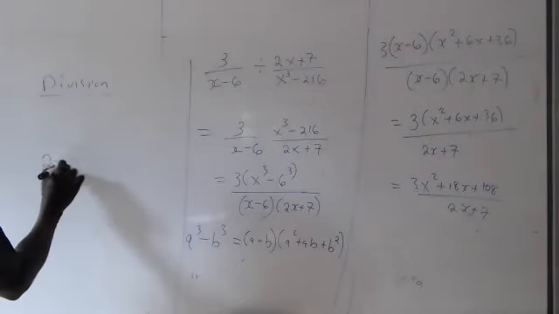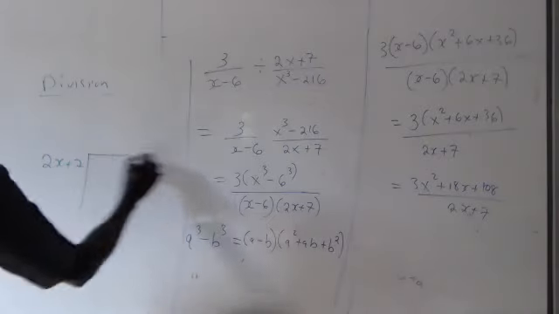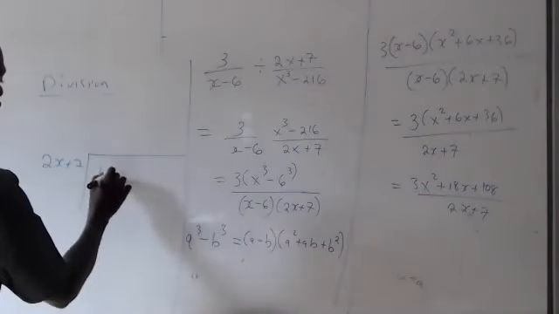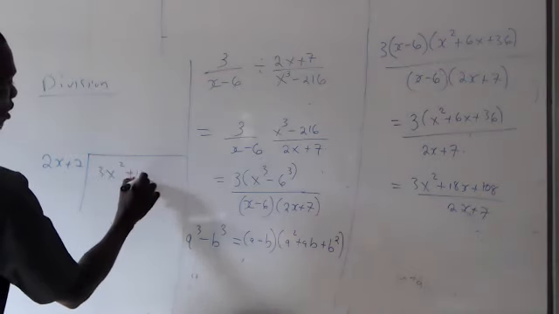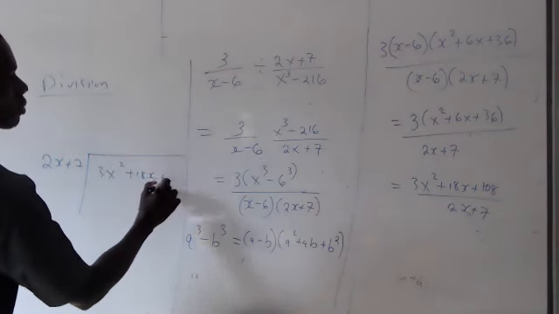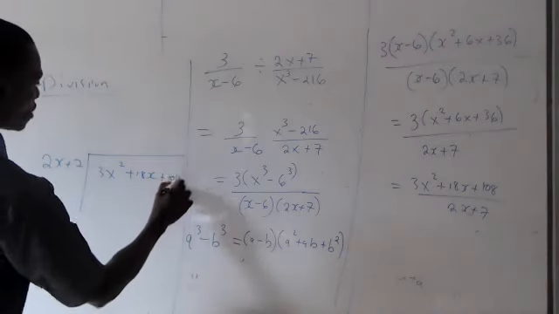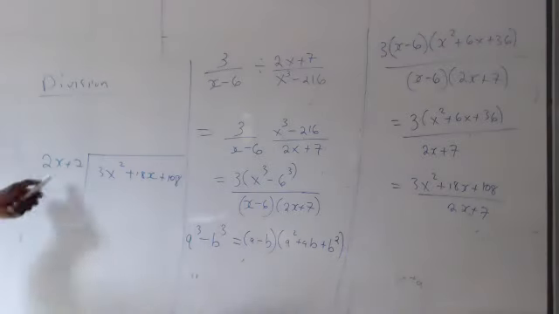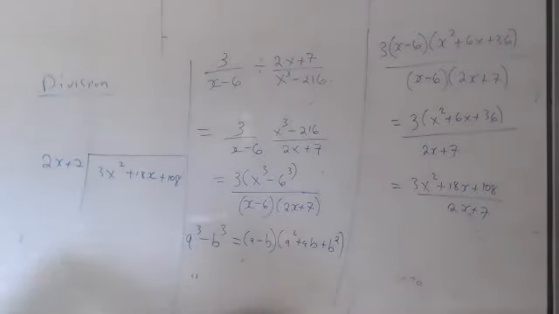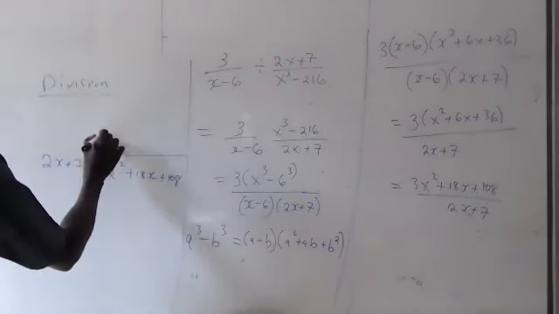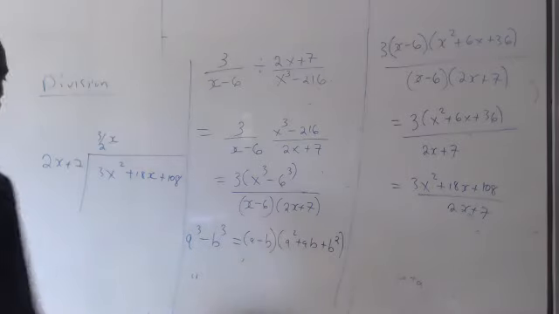Let's say you want to divide 2x plus 7 into 3x squared plus 18x plus 108. Okay, so 2x. How many times will 2x divide 3x squared? That is 3 over 2 x.